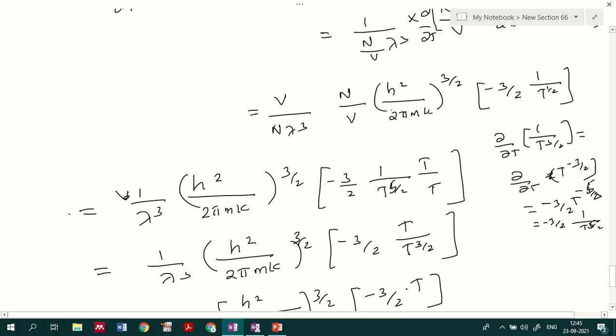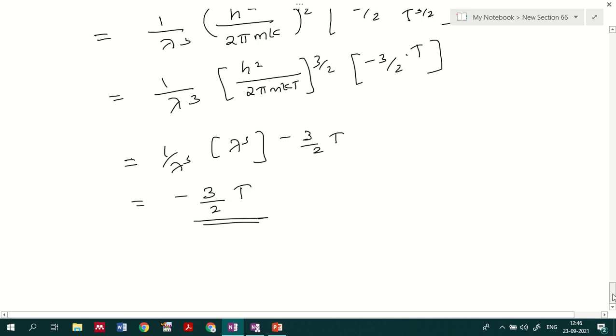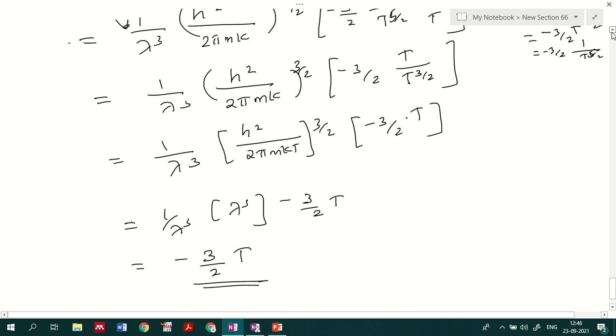And here as well, this will be minus 3 by 2 into 5 by 2, not 1 by 2, it is 5 by 2 will be there. And if you do so, there will be a correction as well. So instead of this one, we'll be having 1 by t raised to 3 by 2 into t.